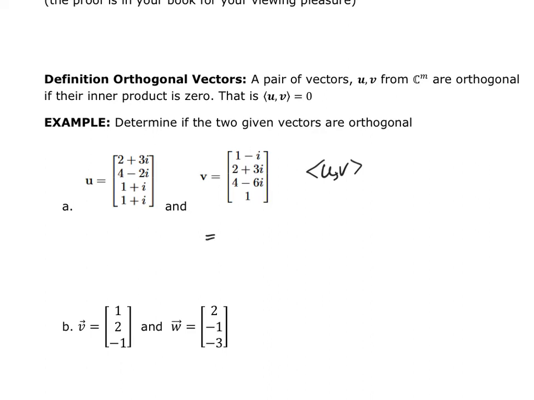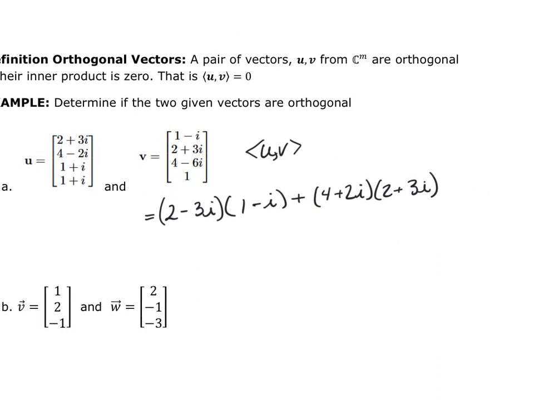This will be equal to the conjugate of my first vector, so 2 minus 3i, multiplied by my second vector, first entry, and then plus the conjugate of my first vector, so 4 plus 2i, multiplied by 2 plus 3i. I'm going to keep going.